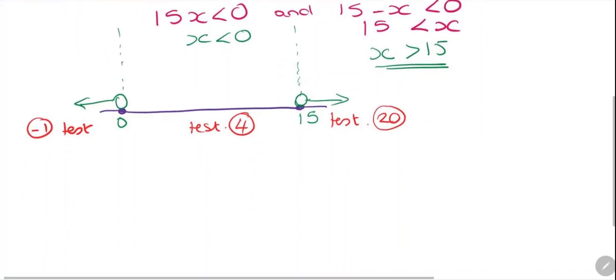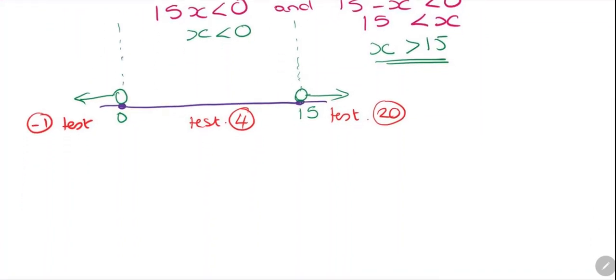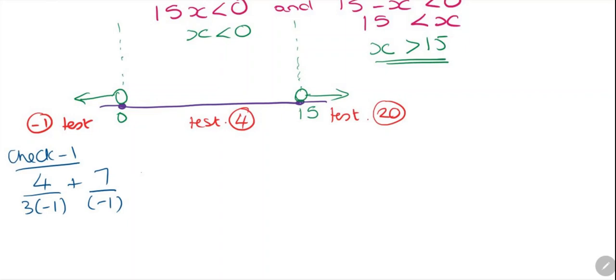So let's check. First of all, let's use minus 1 in the original inequality. So we have 4 divided by 3 times minus 1, plus 7 divided by minus 1, and that's less than 5 over 9. So 3 multiplied by minus 1 is minus 3, so 4 over minus 3, plus 7 over minus 1.